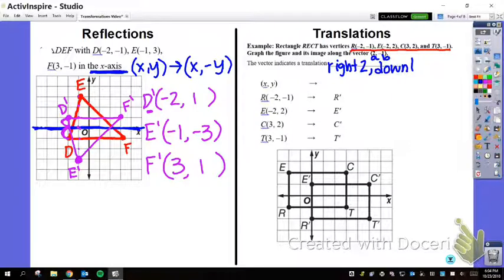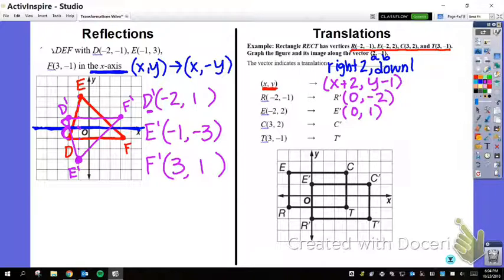So here we go from X, Y, our original point, to our new point with this vector. So we have X plus 2 and Y minus 1. So we're looking at our new coordinate. For R, we would have -2 plus 2, which is 0. Then we have -1 minus 1, which is -2. For E prime, we have -2 plus 2, which is 0. Then we have 2 minus 1, which is 1.